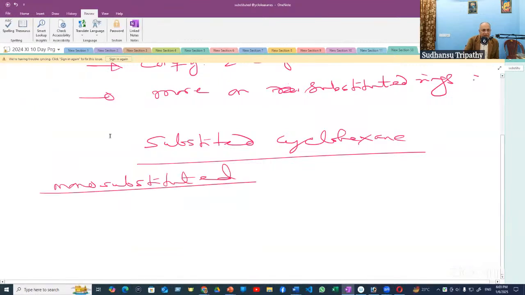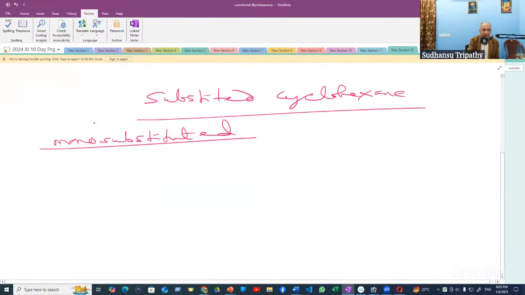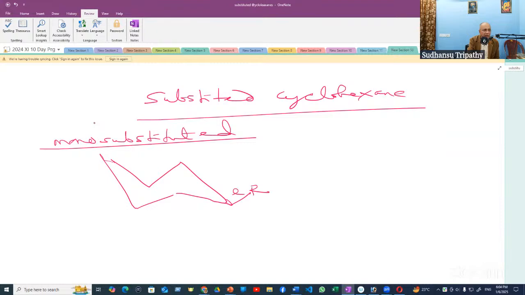Now, as a representative, we'll take methyl cyclohexane to understand. You know, there are two conformational isomers or conformers or rotamers. One is where the group, say methyl or alkyl, is occupying the equatorial position, and that is called the E isomer, equatorial isomer.